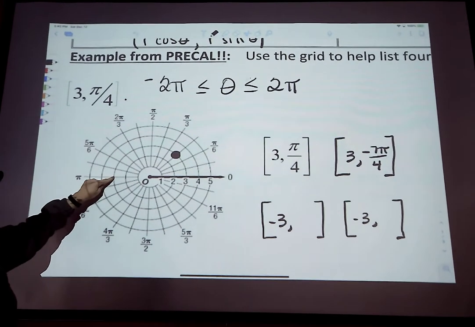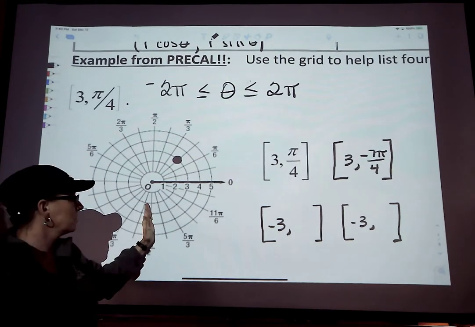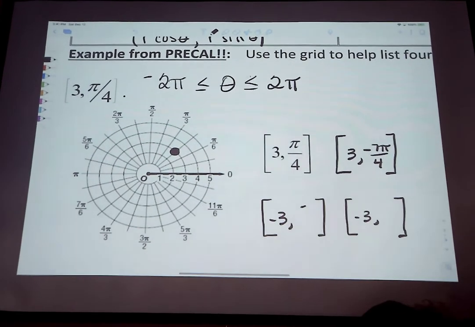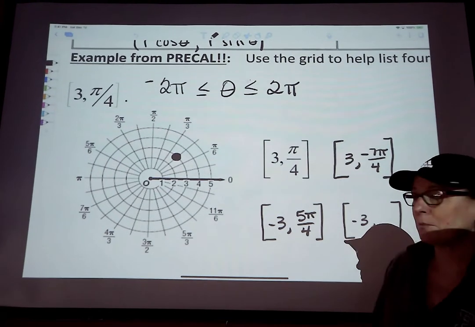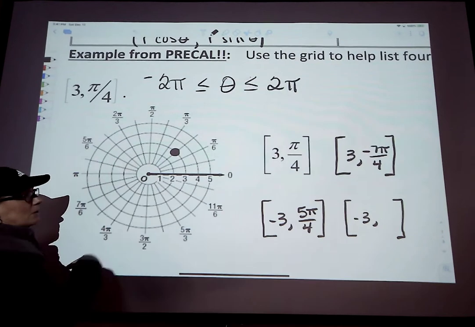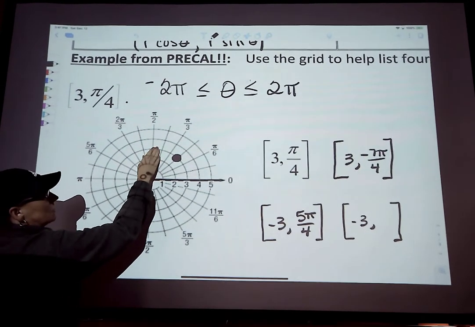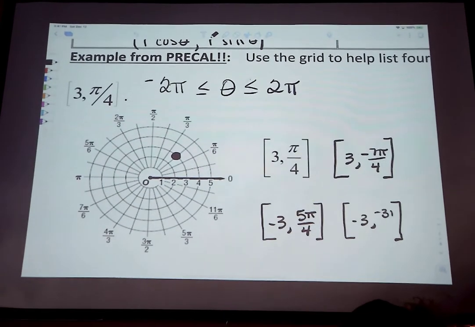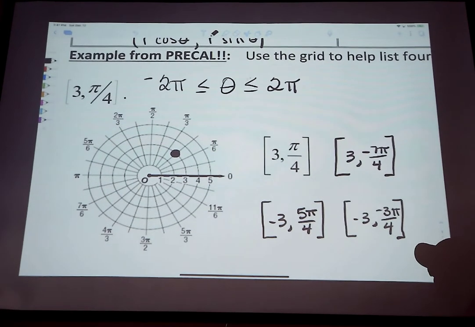So I'm going to go 1 pi over 4, 2 pi over 4, 3 pi over 4, 4 pi over 4, positive 5 pi over 4. Now I'm going to go the other way. Start here. Go in the negative angle direction. 1, 2, 3. That's a negative angle, 3 pi over 4. There you go. Named it 4 ways.